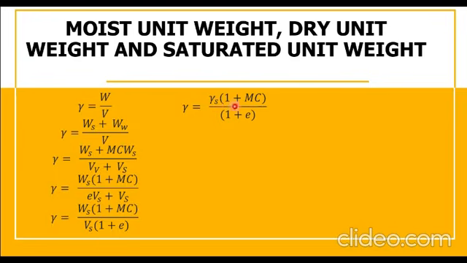That's why, and then multiply it by 1 plus MC over 1 plus E.